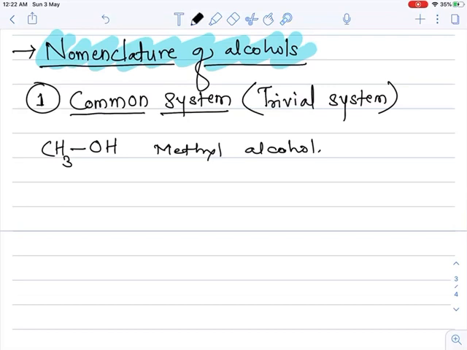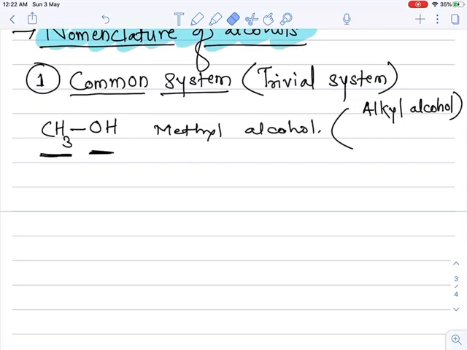So alcohols are named as alkyl alcohol. We can write alkyl group, first the name of the alkyl group, and afterwards for this OH we can write alcohol. So alkyl alcohols are nothing but the common names for these alcohols.